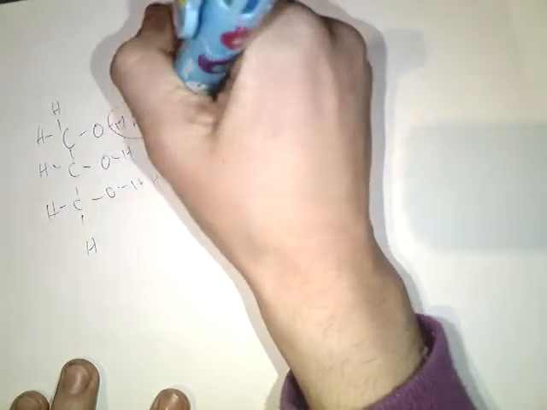Okay, so we know that we get the loss of water. That's why I want you to draw it out, because a lot of you forget what the linkage will look like. But if you know that you lose H2O, you can never go wrong.